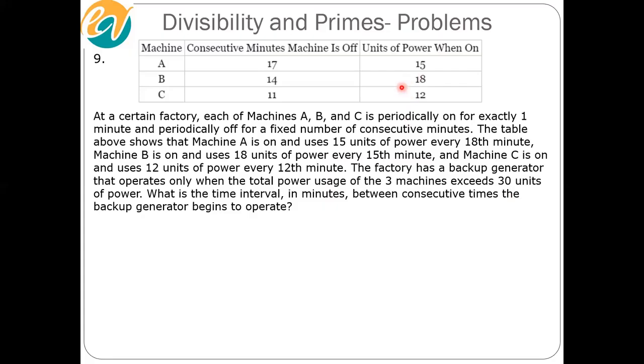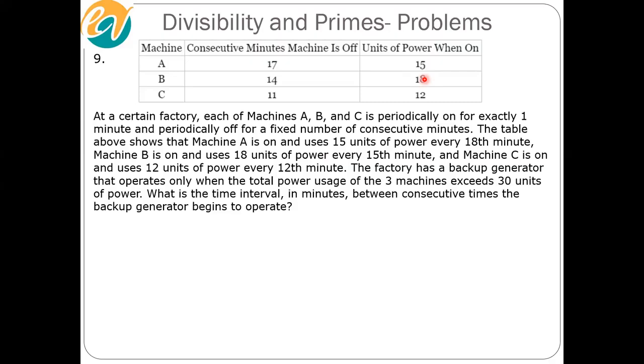Similarly, if B and C are operational together, how many units would it consume? Which is 30, which is again not exceeding 30 units. So when will the power usage exceed 30 units? Absolutely, that's the only condition in which the usage will exceed 30 units: when A and B are operational together.